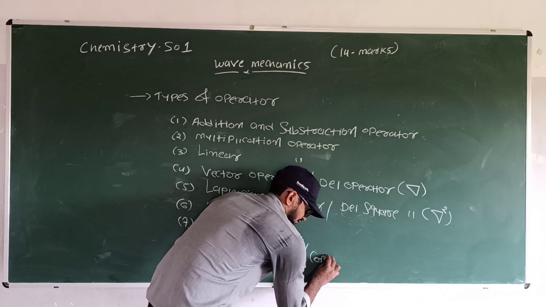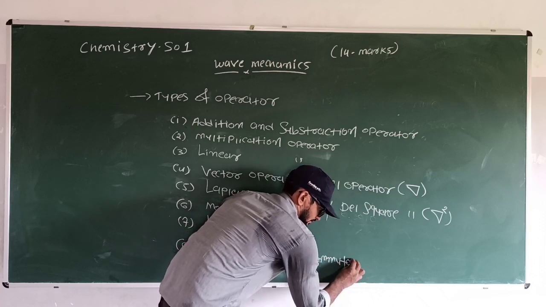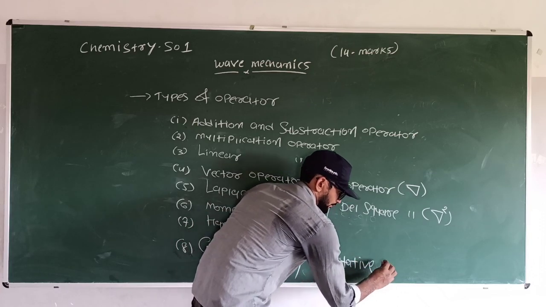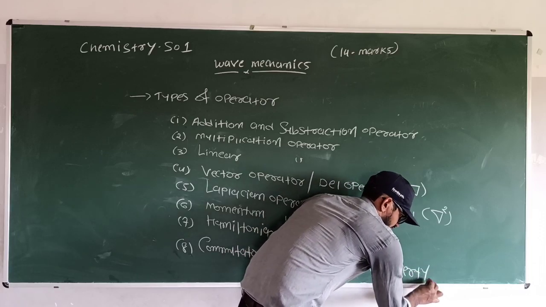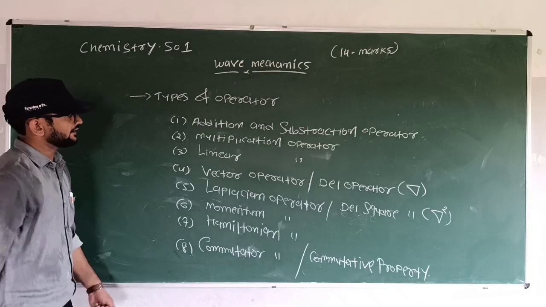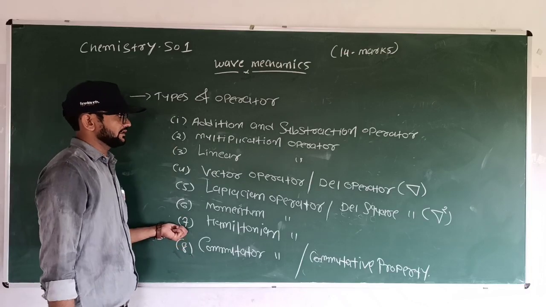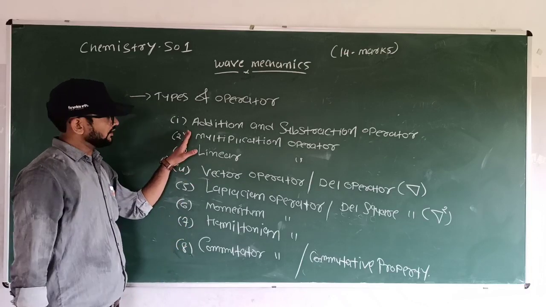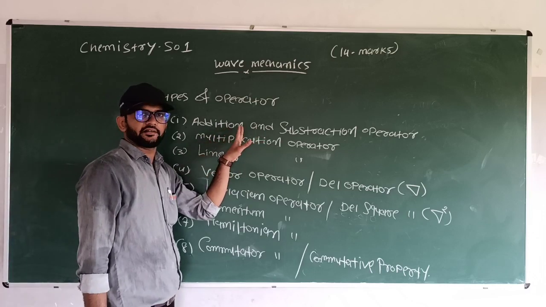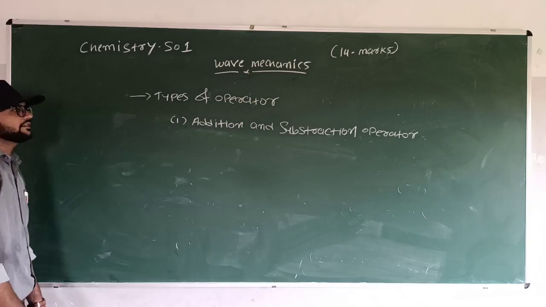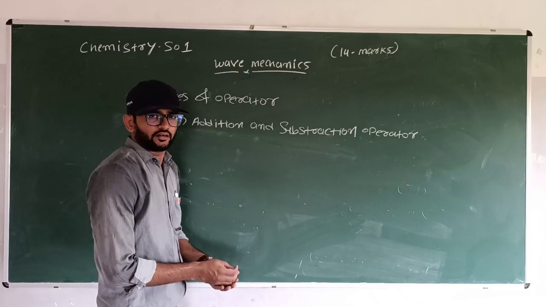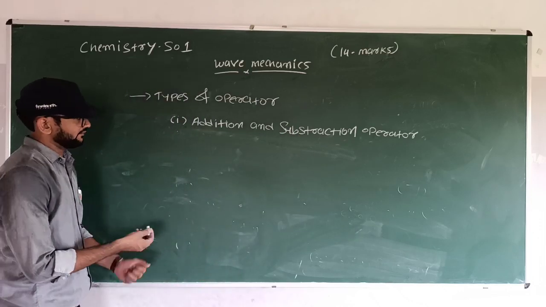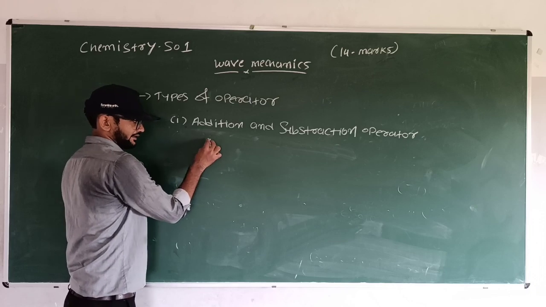Okay, so there are 8 types of operator in your syllabus. First we discuss the addition and subtraction operator in detail. The denotation of an operator is, suppose A, then AK.